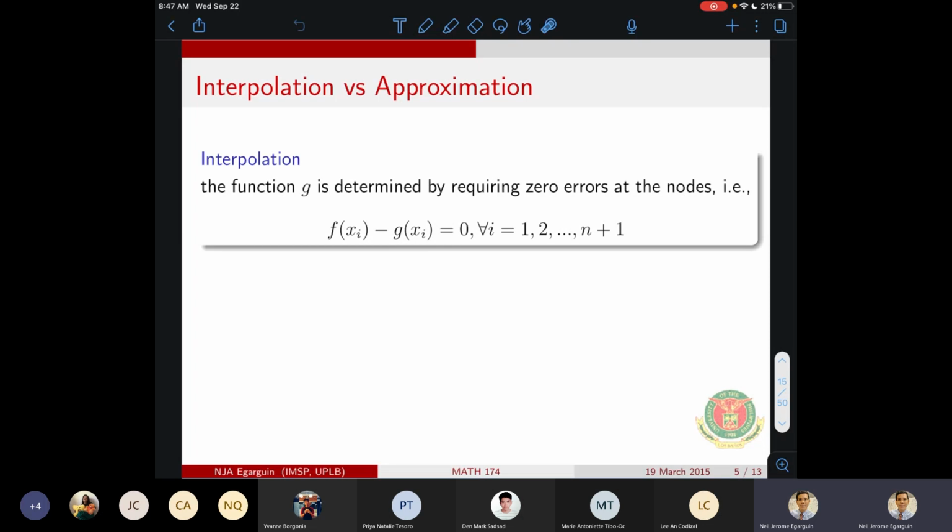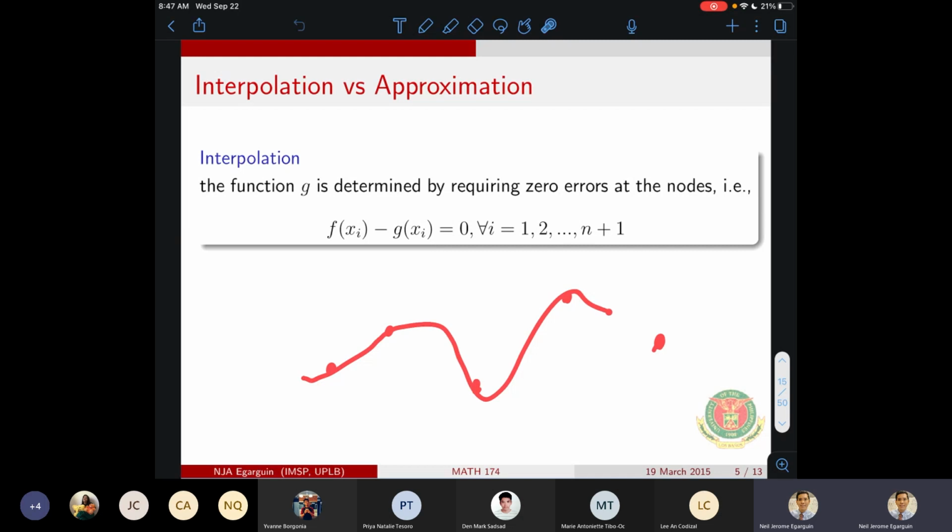So, ibig sabihin kung given itong mga data points na to, gusto natin yung interpolating polynomial ay dadaan eksakto dun sa mga data points na yan. Okay? So, ganun natin pinipili yung function g, right? Because we are free to design the function g. In interpolation, I am choosing g so that it passes through exactly the points given in the data. So yun yung interpolation.